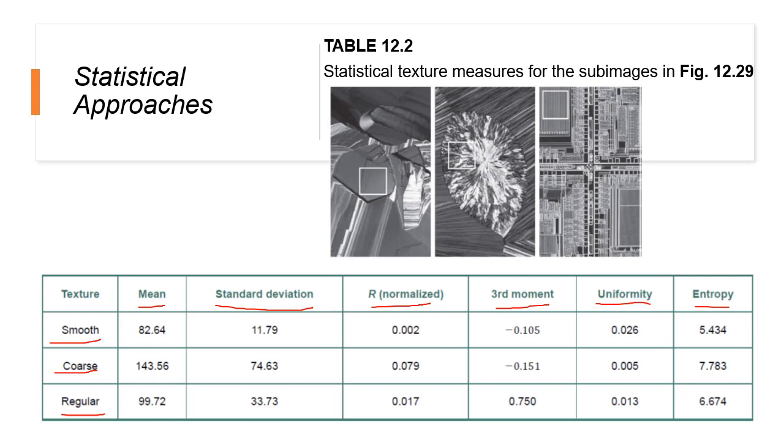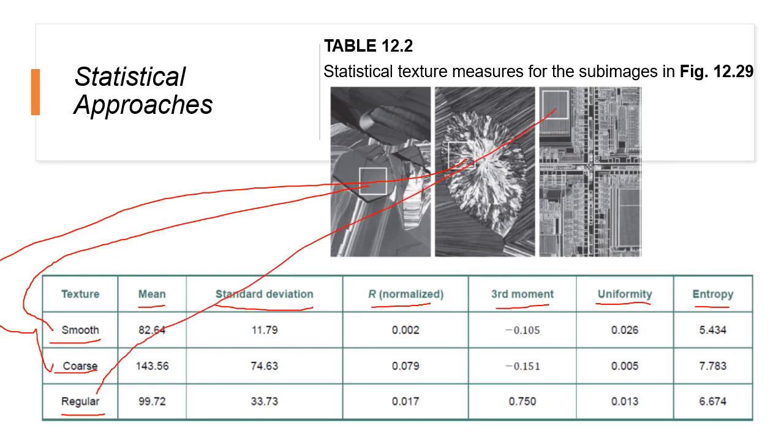Okay, for the smooth object on the left, which is this one, the coarse object is this one, and that one is for the regular object. We find that the standard deviations are all different. The means are also different. The normalized R are also different, and the third moments are also different.